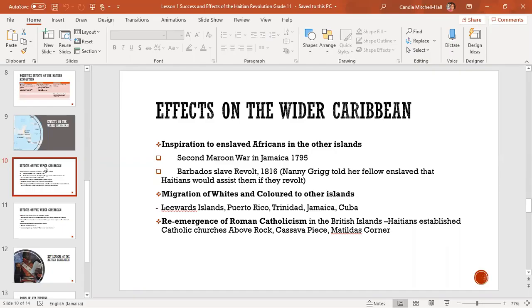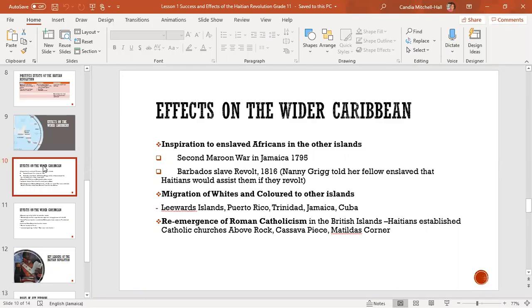One of the first examples was the Maroons in Jamaica, the Second Maroon War in 1795, and another is the Barbados Slave Revolt of 1816.